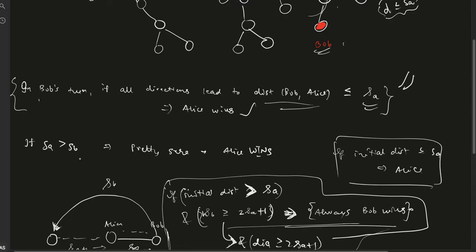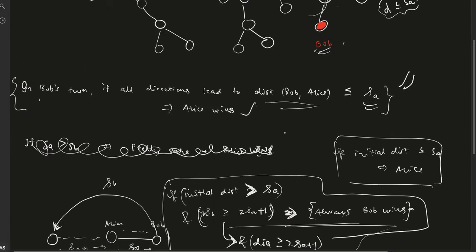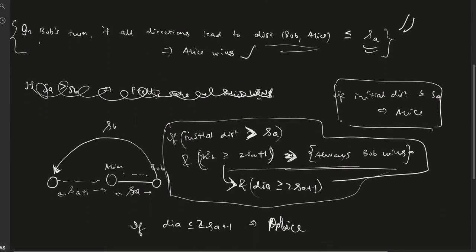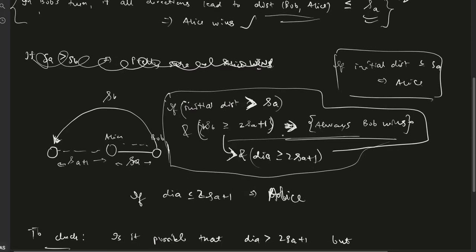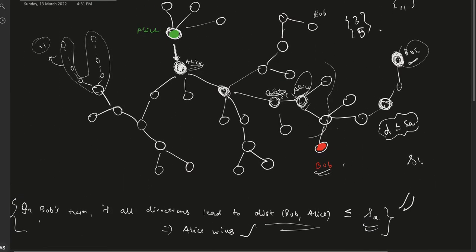Now we move on to the case when the initial distance between Bob and Alice is greater than SA. If this is the case, and if SB, the stride of B, is less than or equal to 2 times the stride of A, we say that always Alice wins.